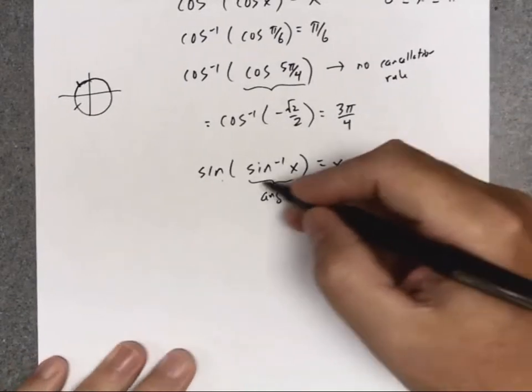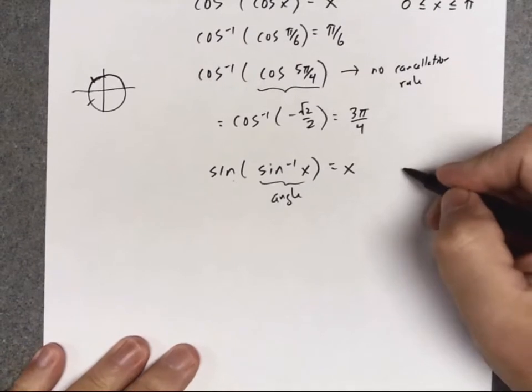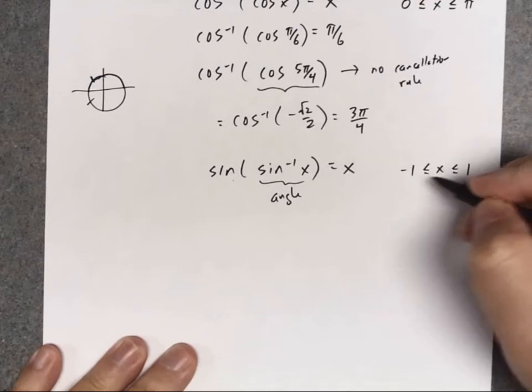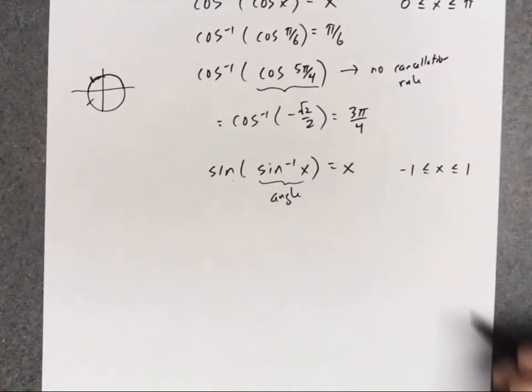The cancellation rule for this works if the x in here starts out between -1 and 1.